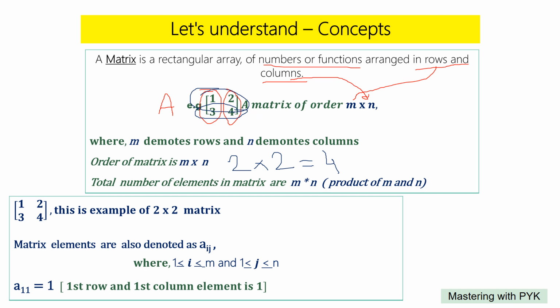If the matrix is denoted by a capital letter B, then we will denote each element as Bij and so on. So here the first element is A11, which is 1. If I have to denote 2, then we will write A, first row, second column, is 2.